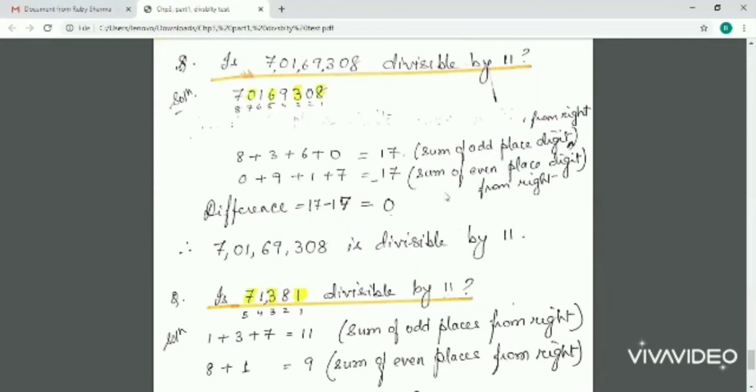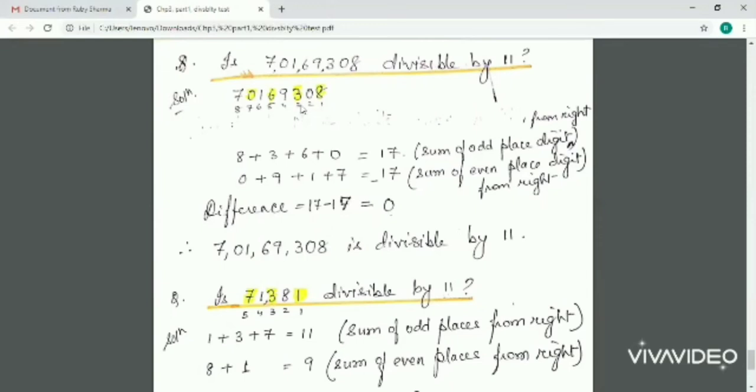So what I did here, these were the things we needed to find out. Sum of the odd place digits from right. So this is your right. What I did was write down 1, 2, 3, 4, 5, 6 like this till here to see which are the odd places and which are the even places from the right.